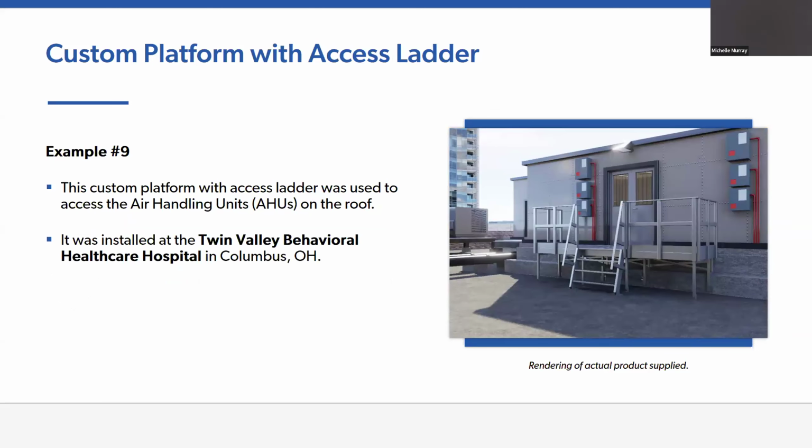This is the Twin Valley Behavioral Health in Columbus, Ohio. Because of roof warranty, no anchoring was allowed to be done to penetrate the roof.